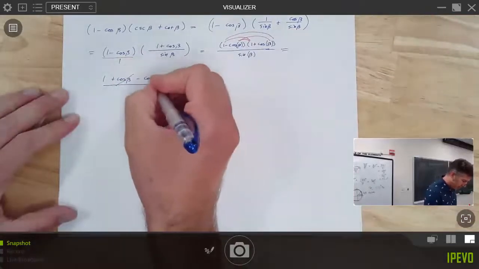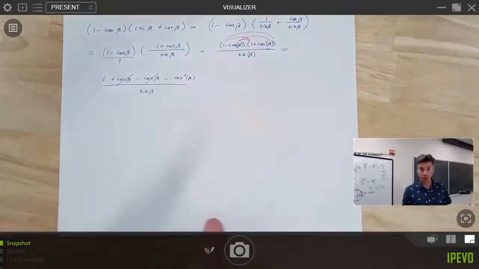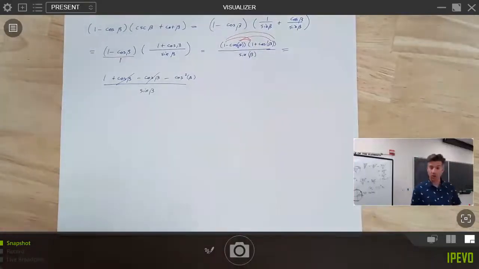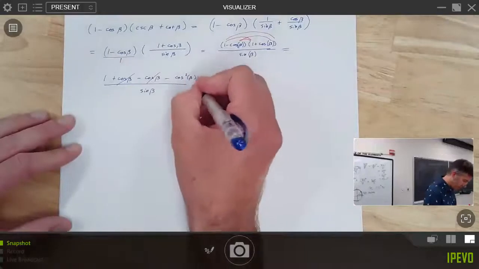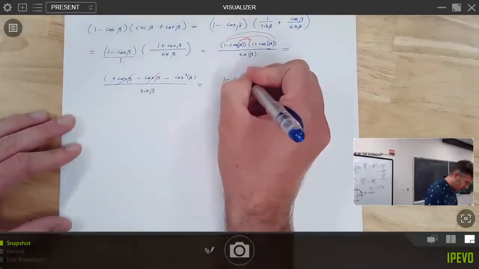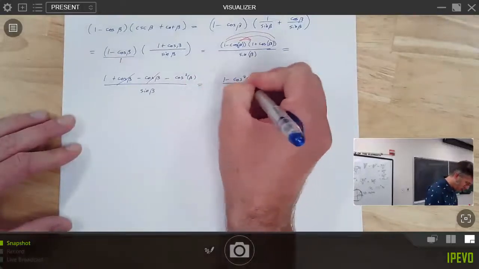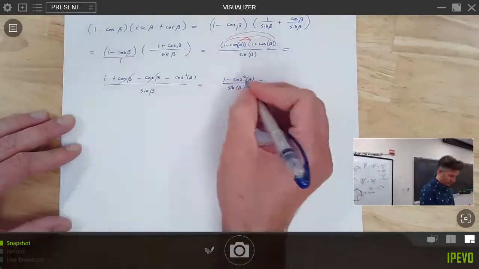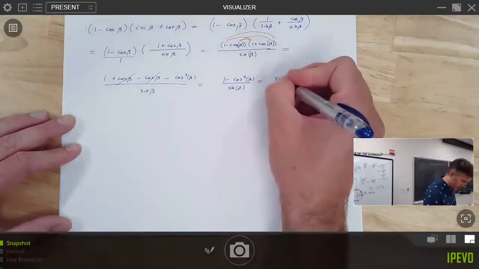The middle terms cancel. That's what happens when you multiply conjugates together. 1 minus cosine beta and 1 plus cosine beta are conjugates. And so we end up getting 1 minus cosine squared of beta over sine of beta. And then 1 minus cosine squared beta is the same as sine squared beta.